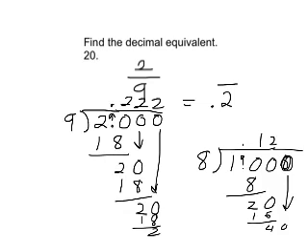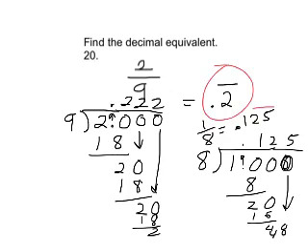Okay, 8 into 40 is 5, 5 times 8 is 40, and it ends there. 40 minus 40 is 0. So you get 1/8 equals 0.125. So with some fractions, you're going to get a repeating decimal like this one, and for some of them, you're going to get a terminating decimal like that one.